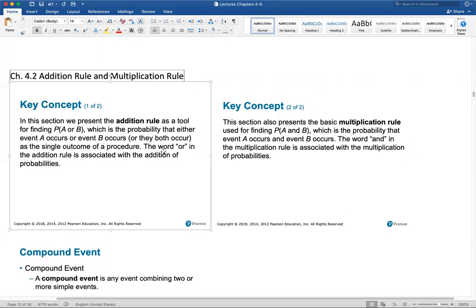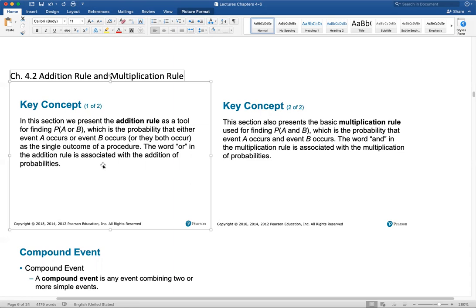So you see the lecture slide. In this section, we present the addition rule as the tool for finding the probability of A or B, and the probability of A and B later. That is the probability that either event A occurs or event B occurs, or they both occur as the single outcome of a procedure.